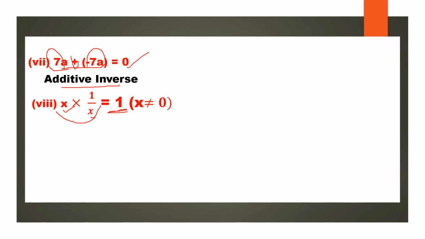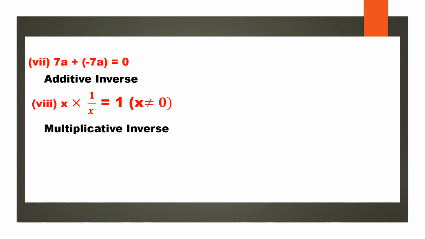Multiplication of a number with its reciprocal gives 1, so it is multiplicative inverse. For additive inverse the answer is 0 and for multiplicative inverse the answer is 1, because of the reciprocal. Here we are dividing, there we are subtracting. Okay, next question.